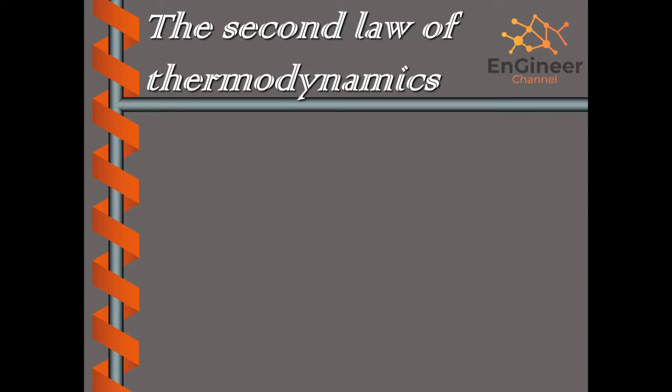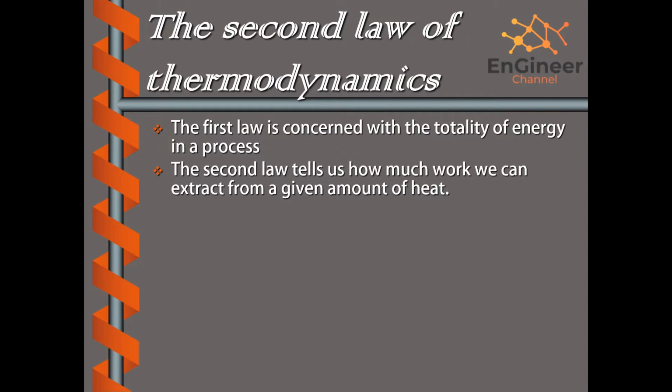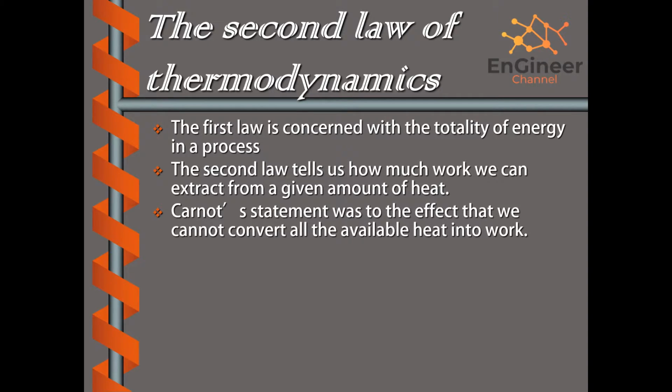Next, let's discover the second law of thermodynamics. The first law is concerned with the totality of energy in a process. The second law tells us how much work we can extract from a given amount of heat.